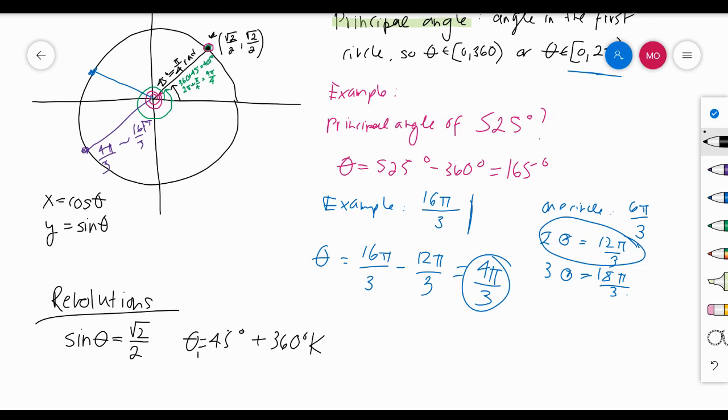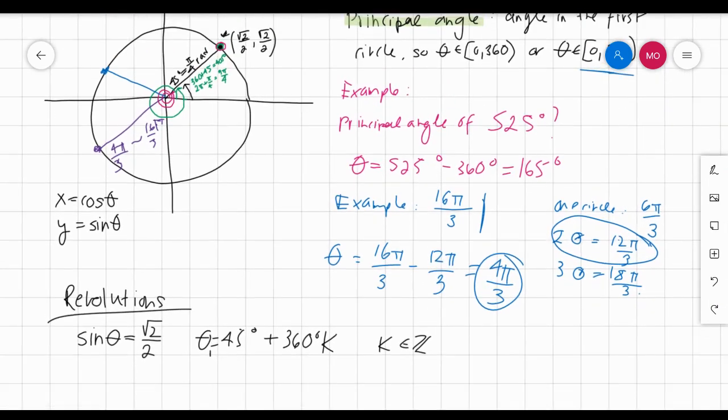So I'm going to write plus 360 times k, where k is any whole number. We could even subtract if we wanted, right? We could go into negative angles, and that would work as well. It just means that we're rotating clockwise instead of counterclockwise. So that's how we're going to write it this year. Just take into account the fact that you can go around the circle as many times as you want.